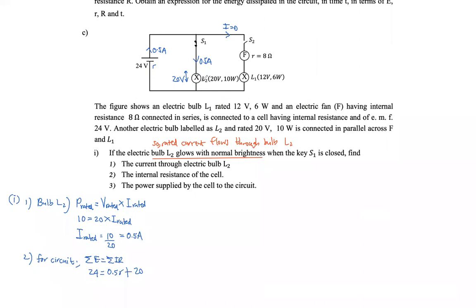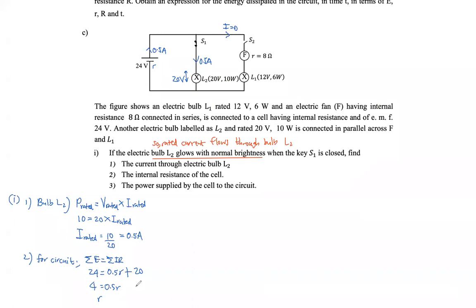The reason for putting 20 there is it needs 20 volt for the proper functioning. So out of this 24, 20 is taken by this. So 4 is equal to 0.5 R.